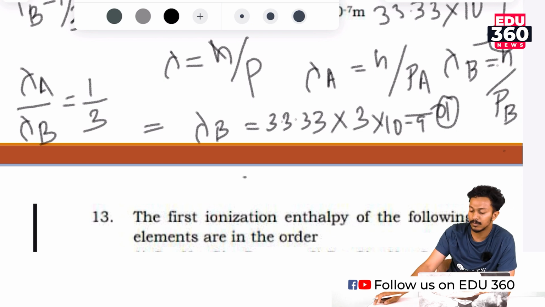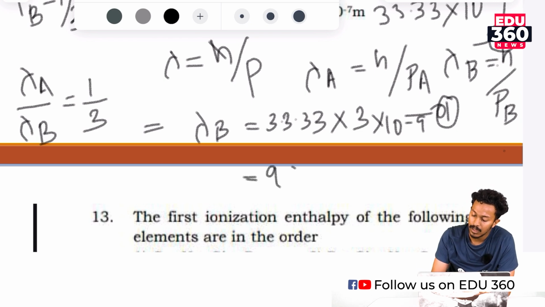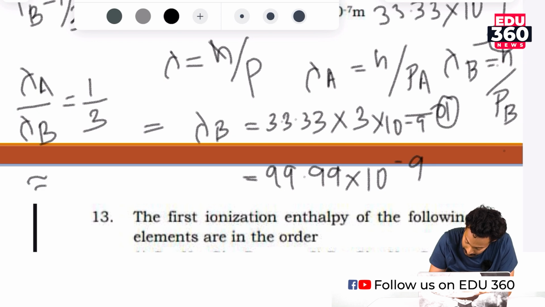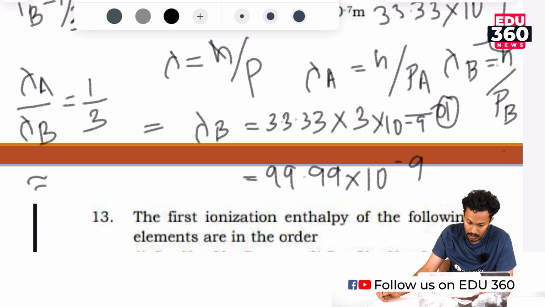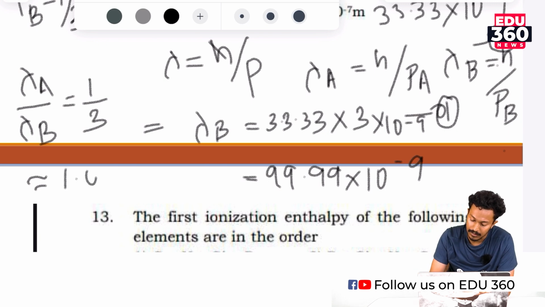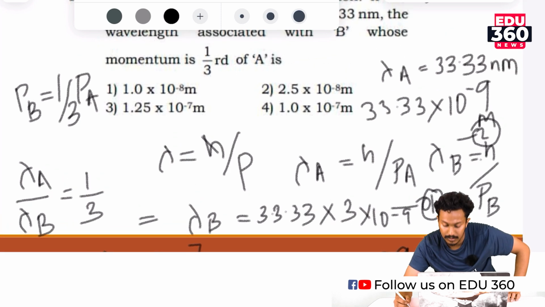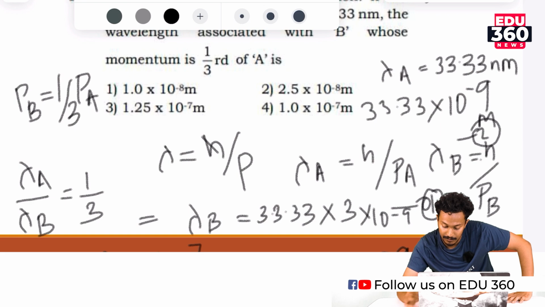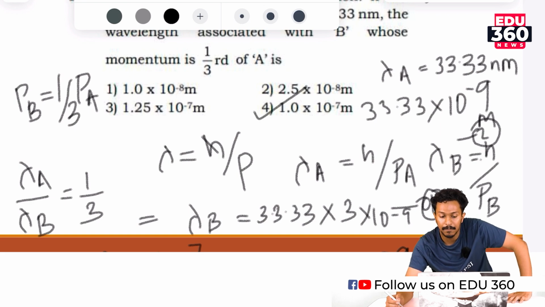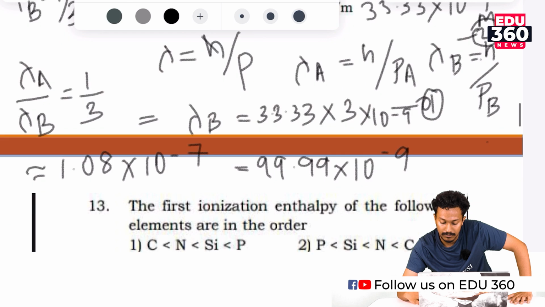This is what we got here, which will be 99.99 into 10 raised to minus 9, which is approximately equal to 1.0 into 10 raised to minus 7, which is option number 4. Okay. Have you understood that?